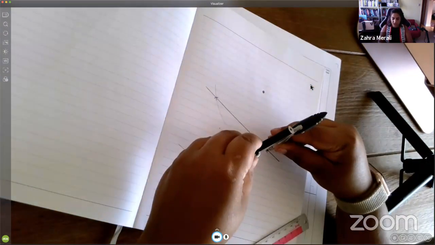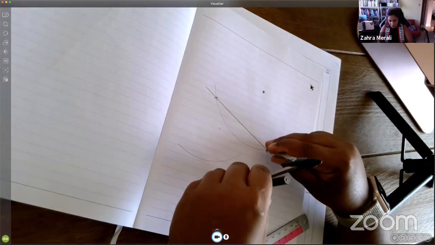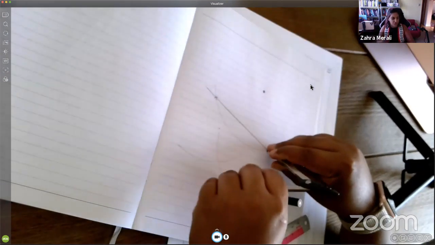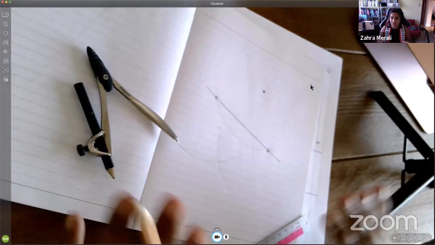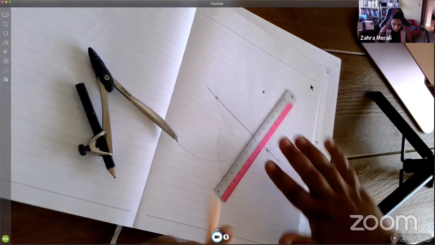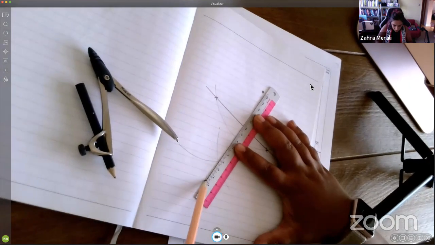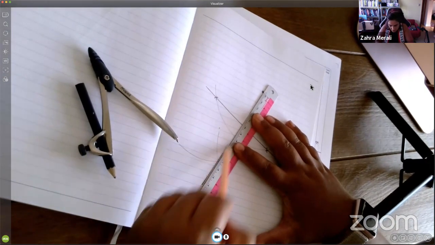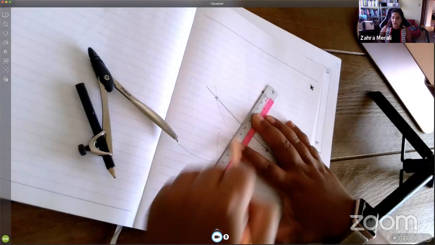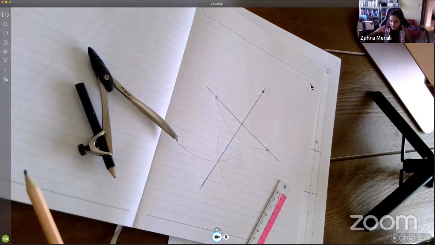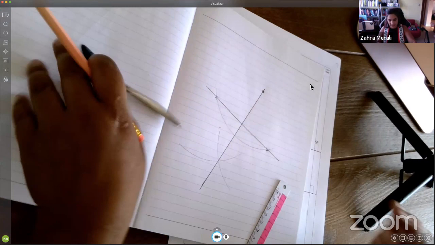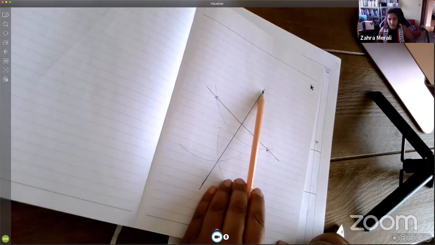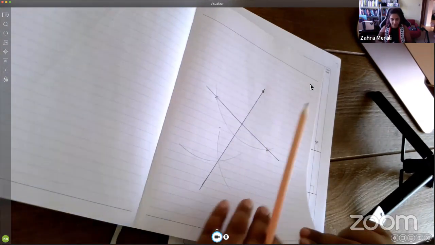You put it on the other point and you draw an arc. And don't ever rub out all these lines, because that's what you get your marks for. And you go from your point through the middle of the arc and you have drawn that perpendicular bisector from the point through the line.